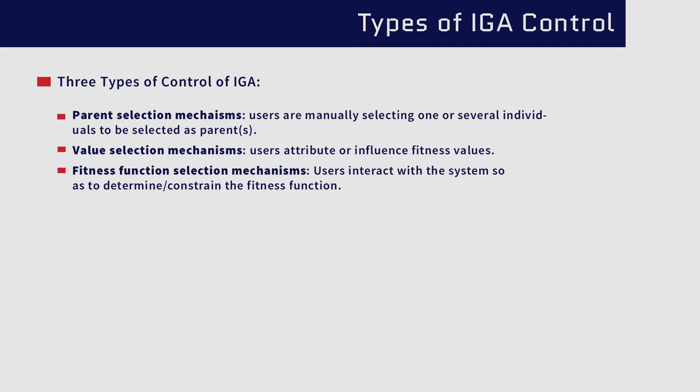In some cases, the user can specify the fitness function explicitly without judging individuals, by changing the weights of various dimensions of the fitness or by selecting attributes that are desired. The variety of approaches to the interactive element in IGA is astonishing.